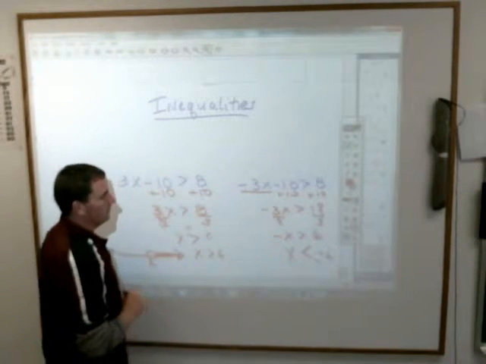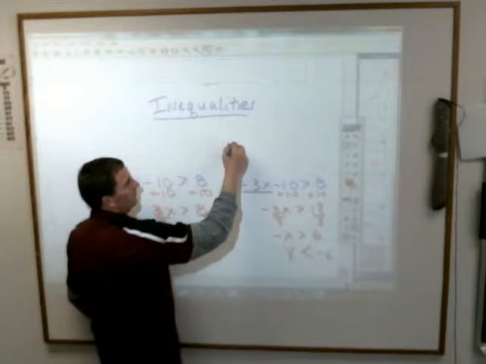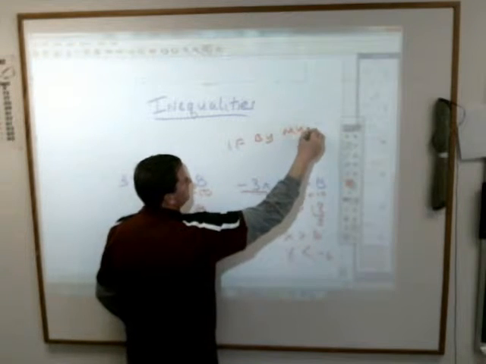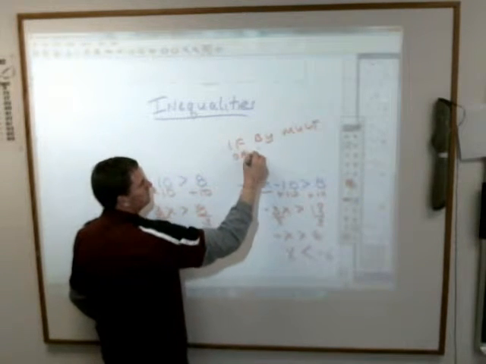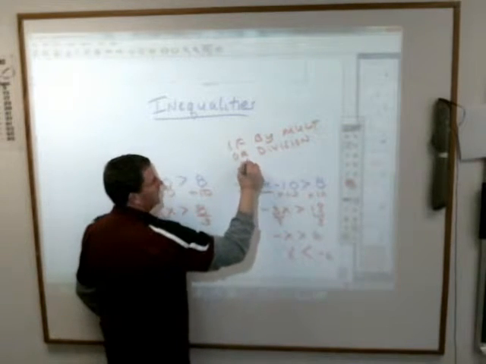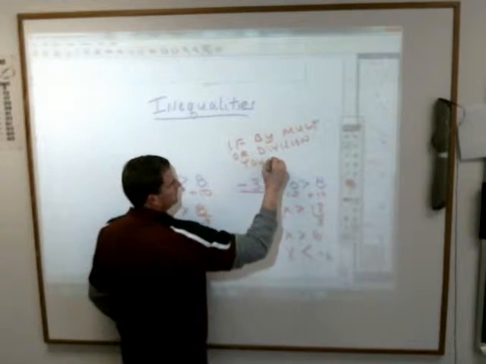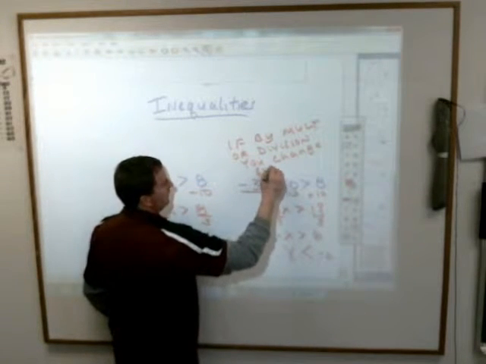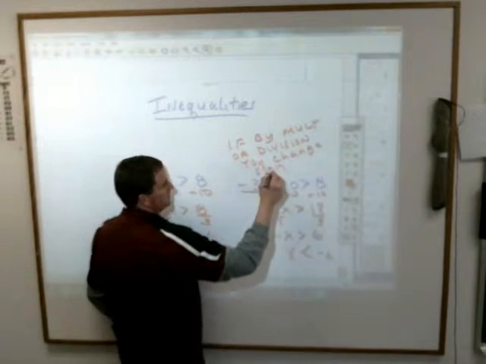That's the fundamental thing. If by multiplication or division you change the sign of the variable, you have to change the inequality sign too to its opposite.